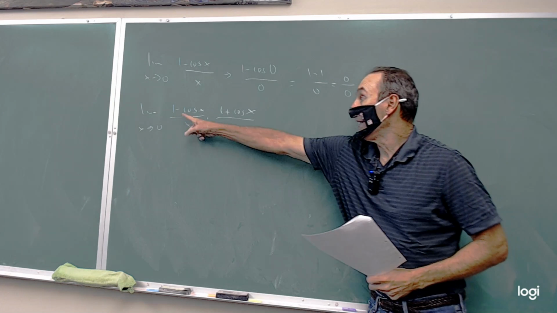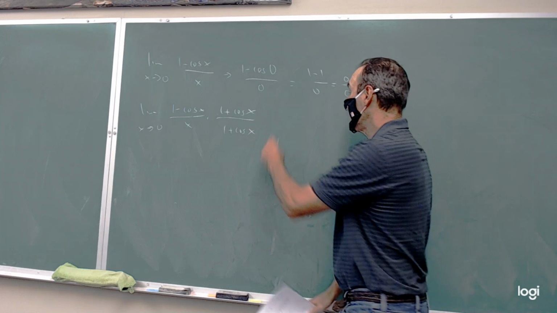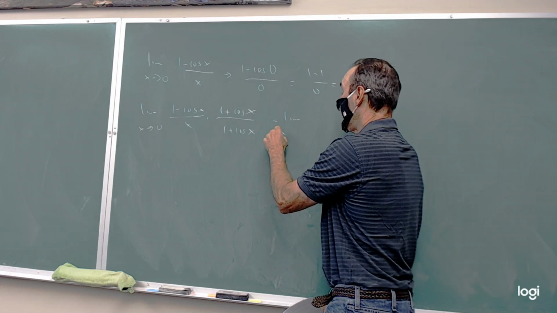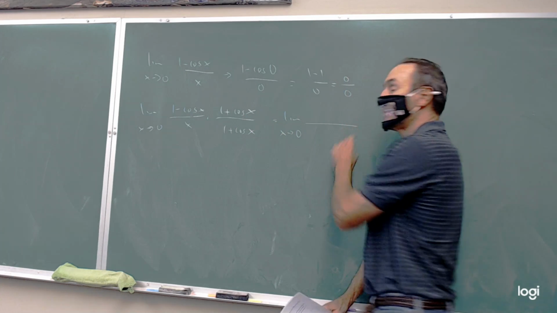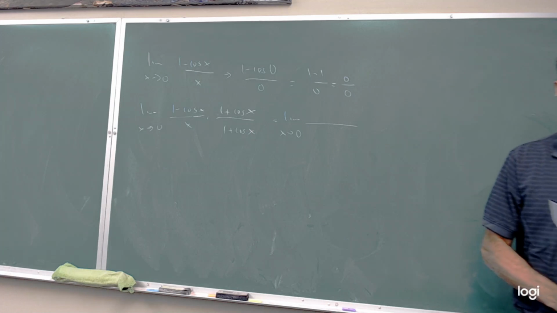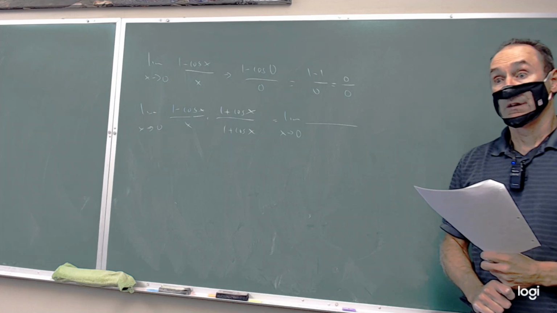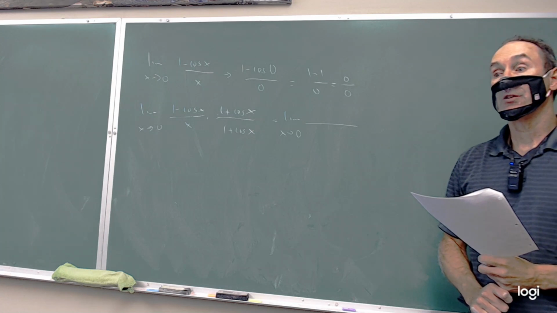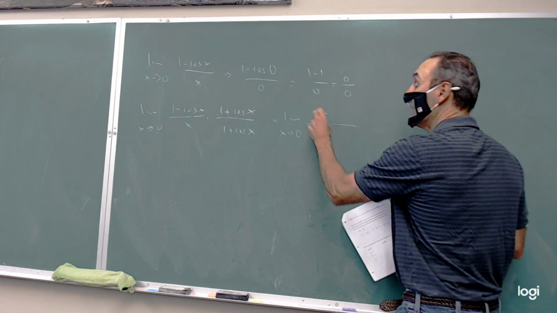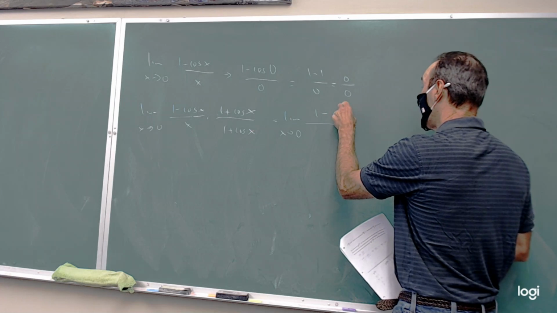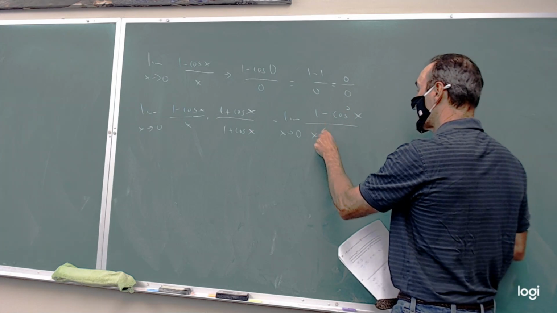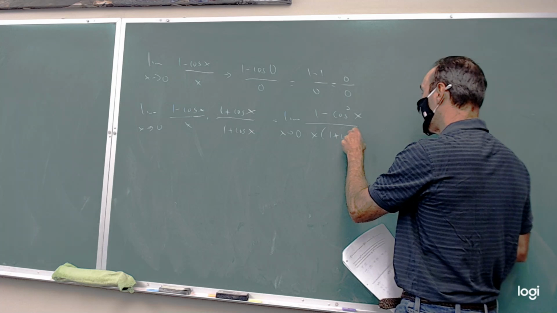So now we have a minus b times a plus b. Hopefully this is going to help us. So what do we get in the numerator? One minus cosine squared x. And in the bottom, let's just leave it factored. I got a good feeling.